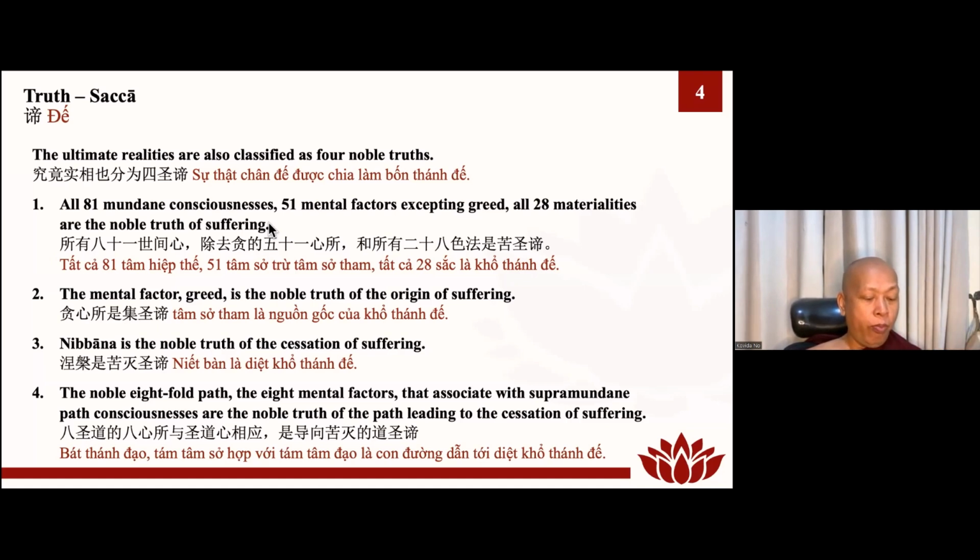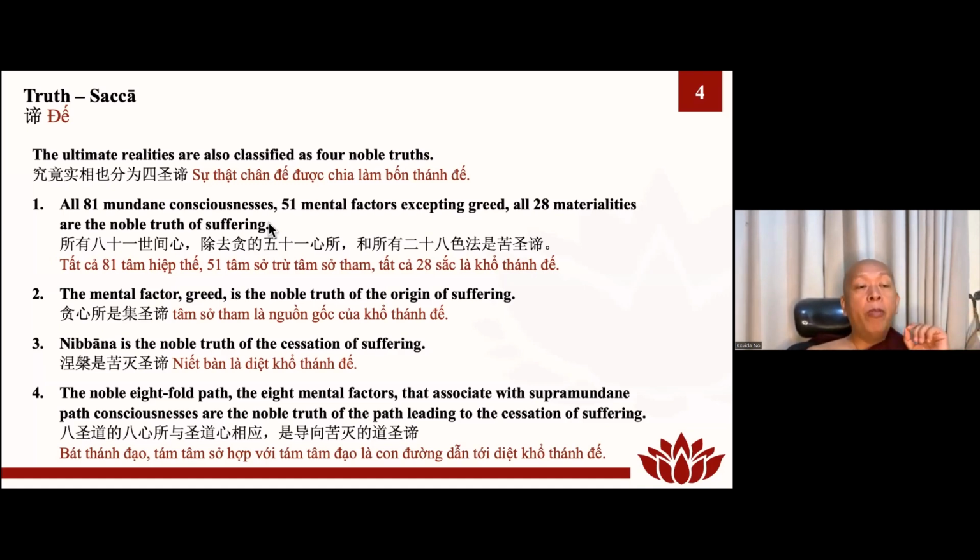So here we have to understand a little bit clearer. Here we just say the eight mental factors. I didn't write down the eight mental factors here, because we have already known the Noble Eightfold Path. That's why I didn't write them down. Okay, I will introduce them according to mental factors.